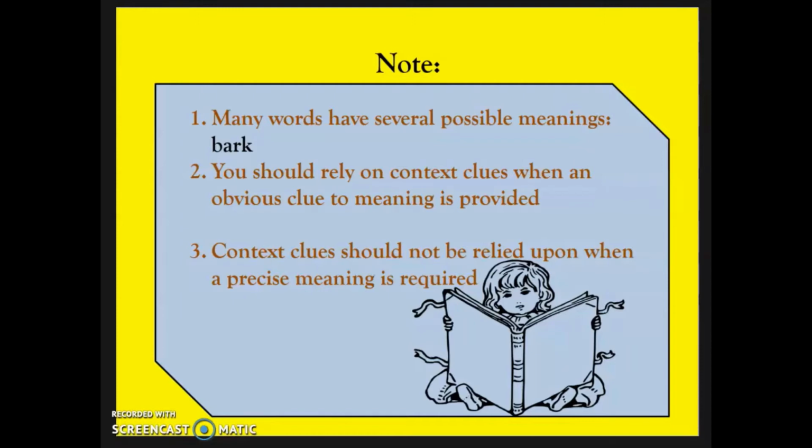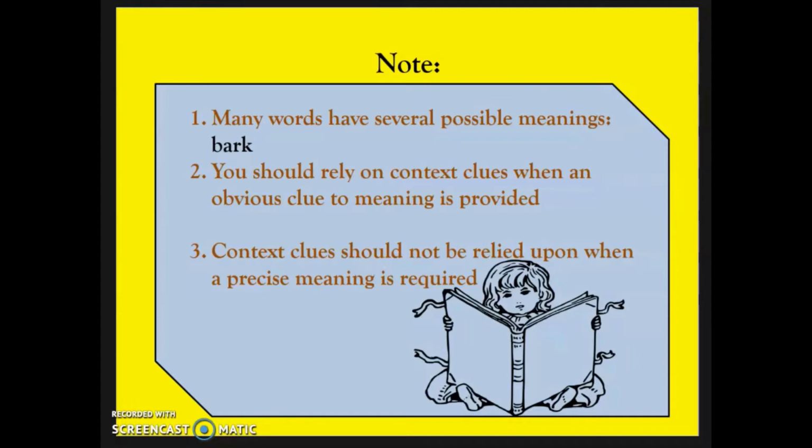In fact, there are some guidelines we should follow when using context clues. Here are a few. You should rely on context clues when they provide a meaning to a word that is obvious. If you're expected to give a precise or exact meaning for a word, you should not rely on context clues.